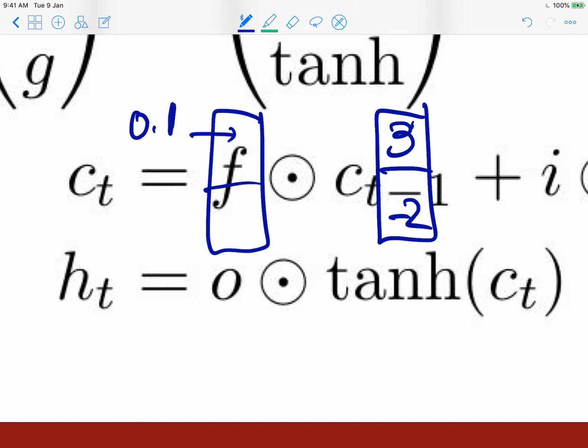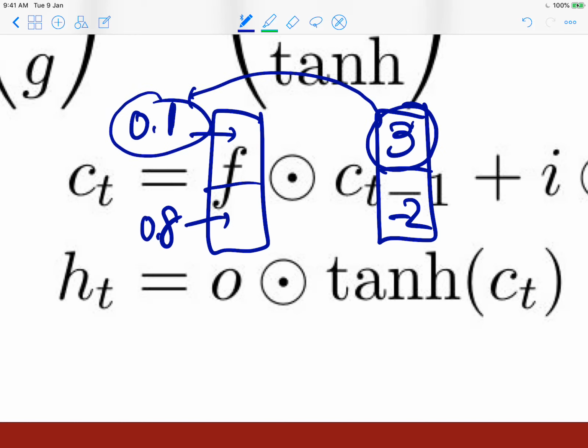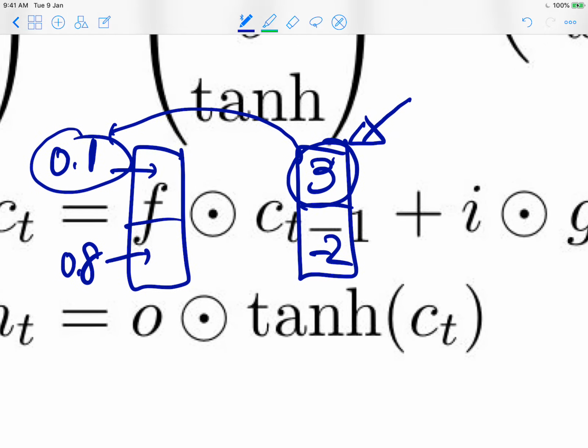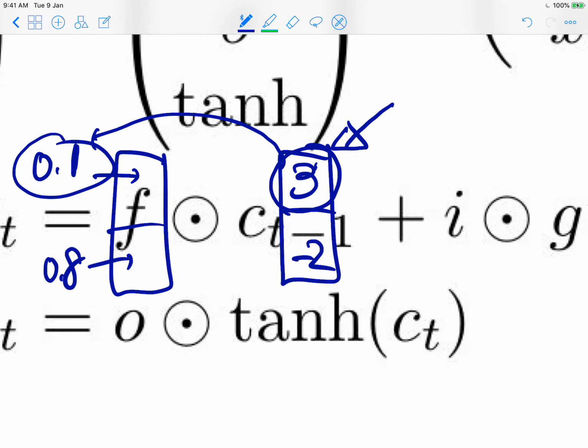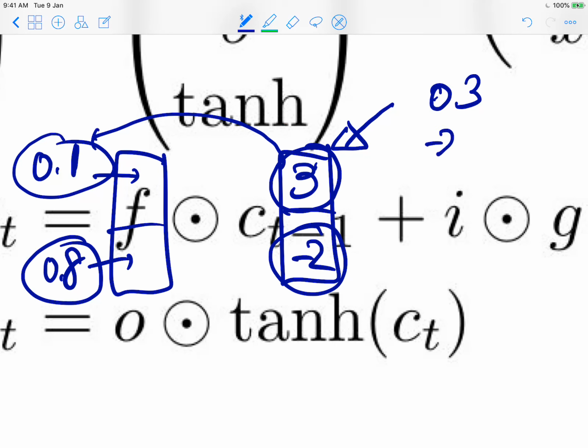Suppose it's 0.1 and 0.8. Then it's like 3 times 0.1, which means we only maintain 10% of the original information from the first dimension, and in the case of the second dimension we maintain 80% of the information, which results in 0.3 and -0.4, 2.4.